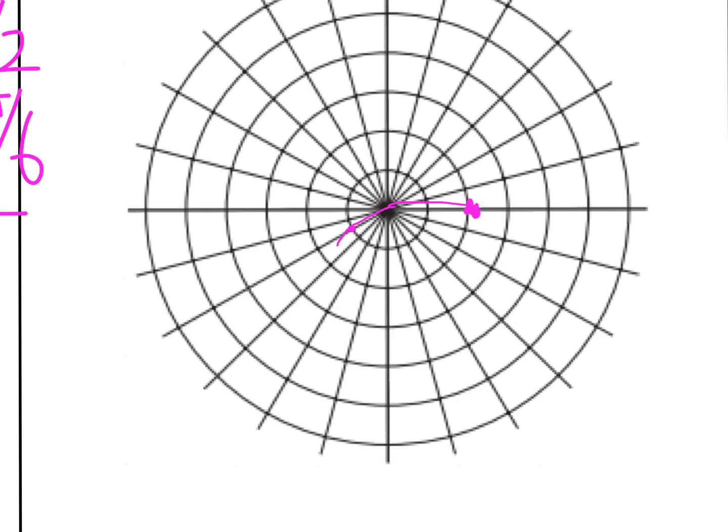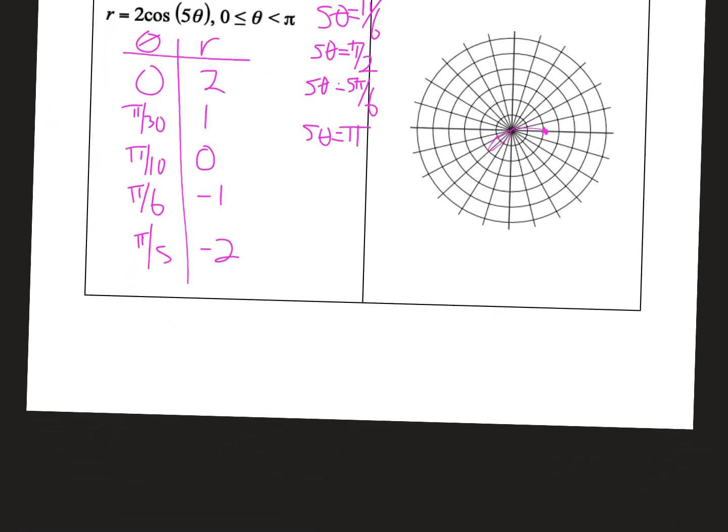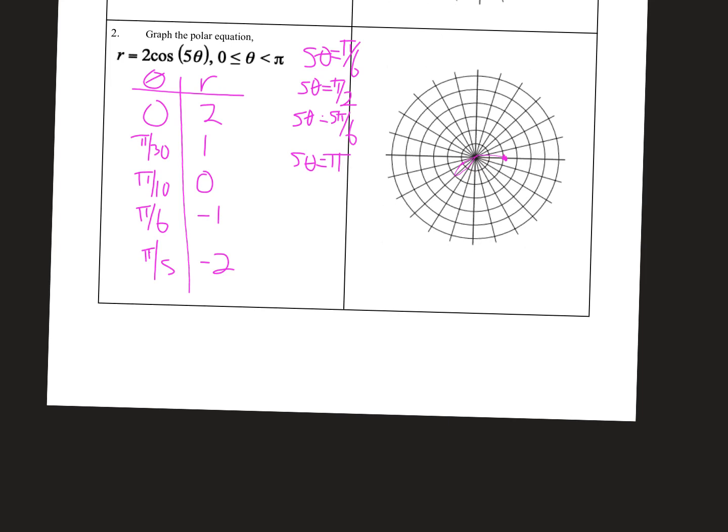And then I bet it's going to go like, because then it's going to be pi over 5, negative 2. Kind of that idea. It's going to loop like that. And then we're going to keep going with that pattern. Another nice number is going to be, so we did 5 pi over 6, we did pi, so 7 pi over 6. That's 7 pi over 30.